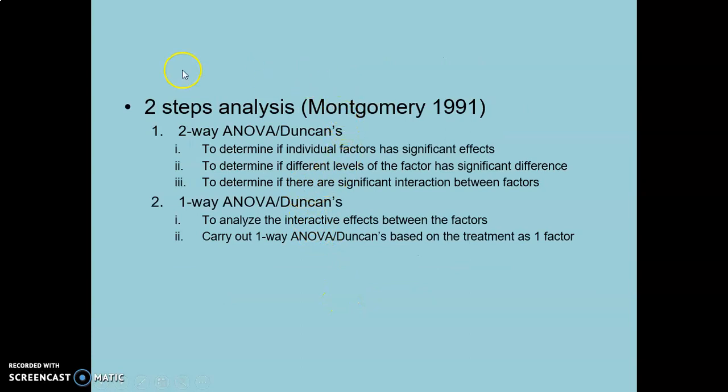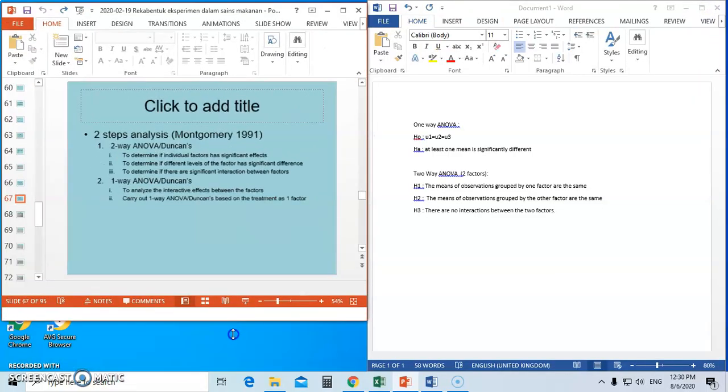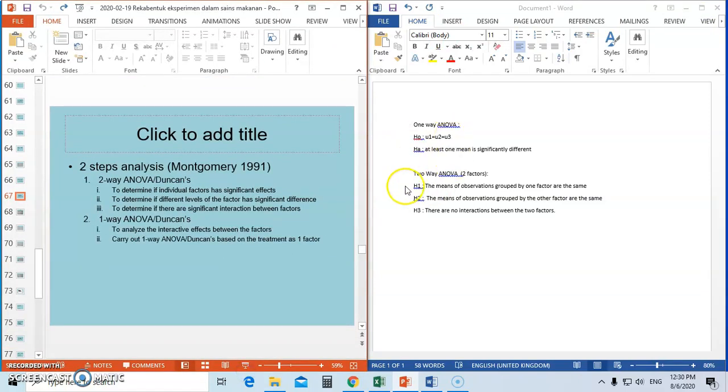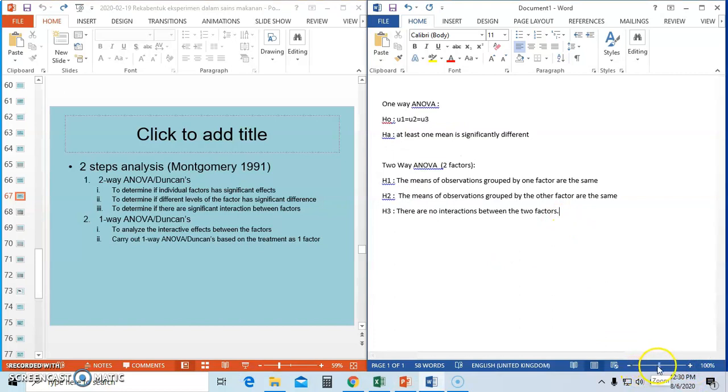So when we are doing a two-factor ANOVA analysis, I would suggest a two-step analysis, according to Montgomery, 1991. The first is to do a two-way ANOVA, according to what we have discussed just now. By using a two-way ANOVA, we will be using this set of hypotheses.